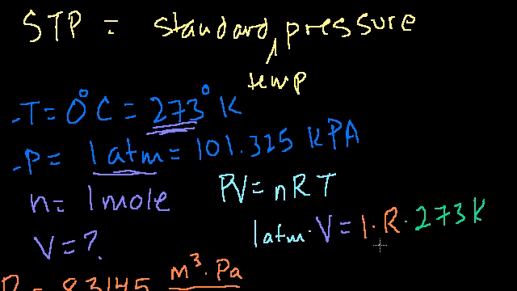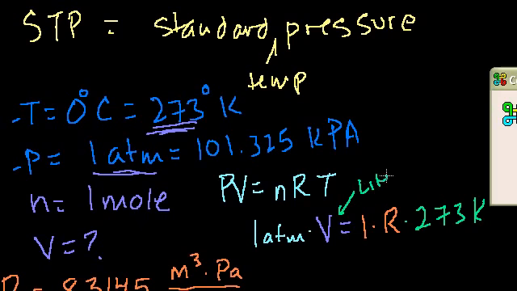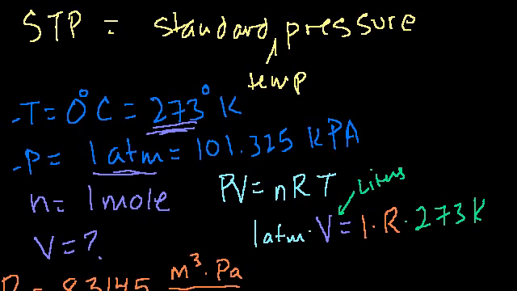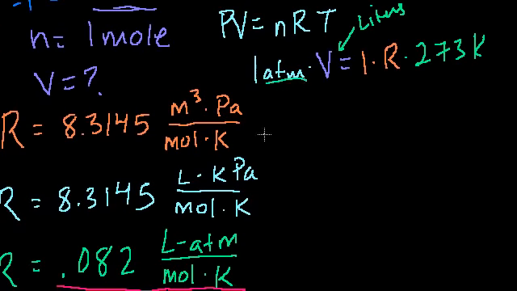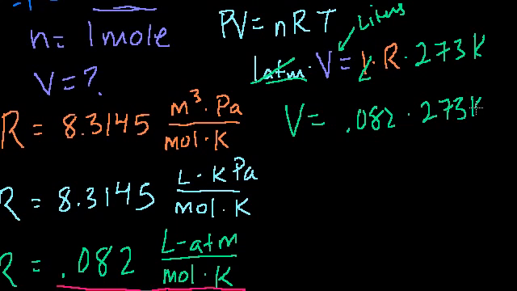This is in Kelvin, this is in moles, and we want our volume in liters. So which version of R should we use? Well, we're dealing with atmospheres, we want our volume in liters, and of course we have moles and Kelvin. So we'll use this version, 0.082. So we can ignore the 1s, and the volume is equal to 0.082 times 273 degrees Kelvin.